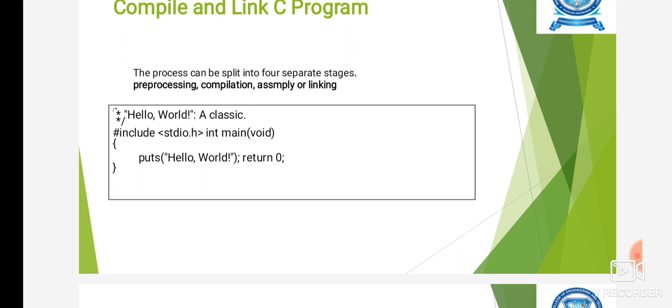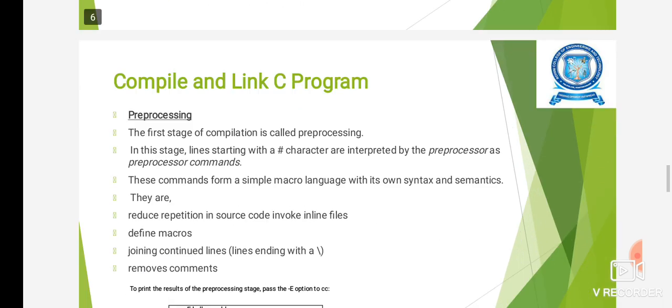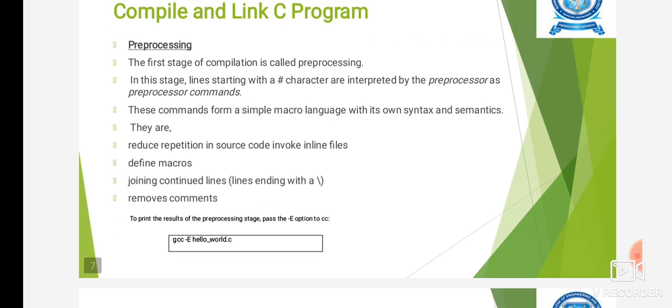So this is the sample program for the compilation process. Here we declare the header file, then the main function, then we print some words, that is hello world. Then preprocessing, the first stage of compilation. In this stage, lines starting with the hash character are interpreted by the preprocessor as preprocessor commands.